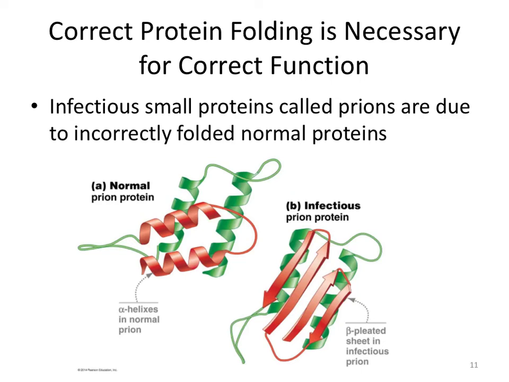Okay, so I'm going to finish this part of the lecture by just mentioning that it is essential that proteins fold correctly to achieve a very particular three-dimensional shape in order for them to have correct function. In the last decade, maybe decade and a half, we've been learning a lot about some very tiny proteins called prions. We're interested in prions because when they are folded incorrectly, this form over here, they cause a variety of very infectious, very dangerous diseases.